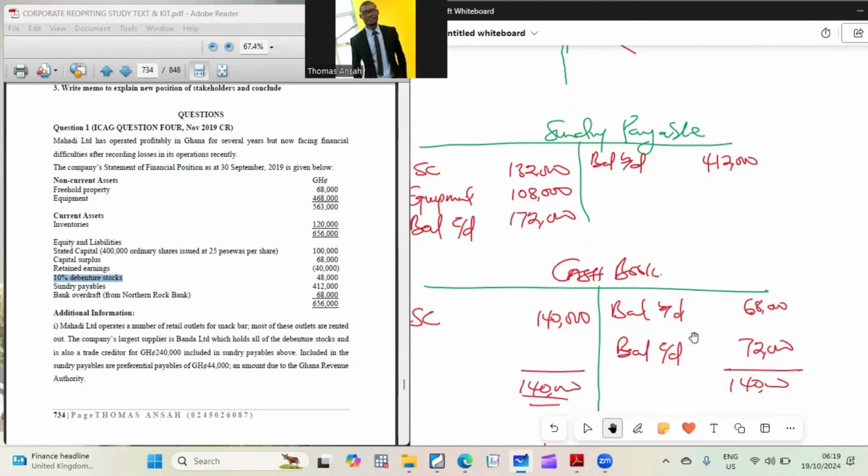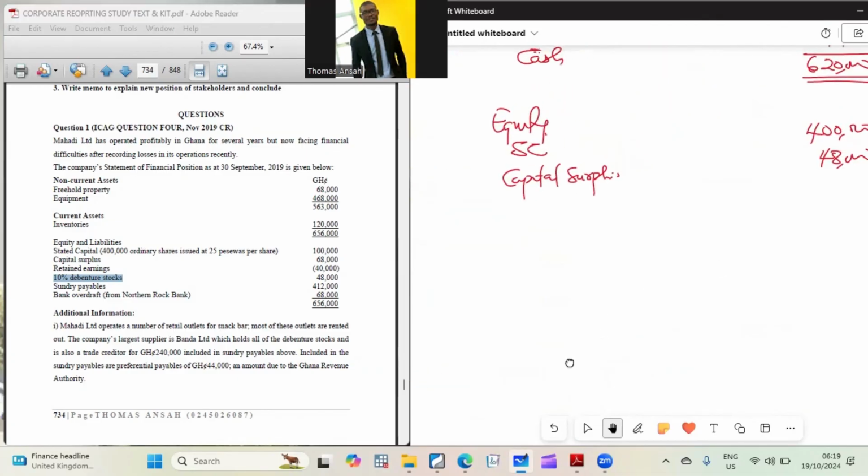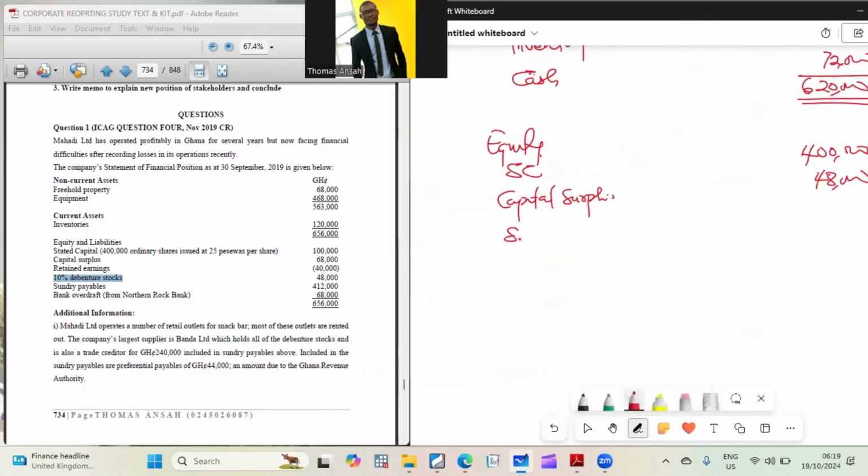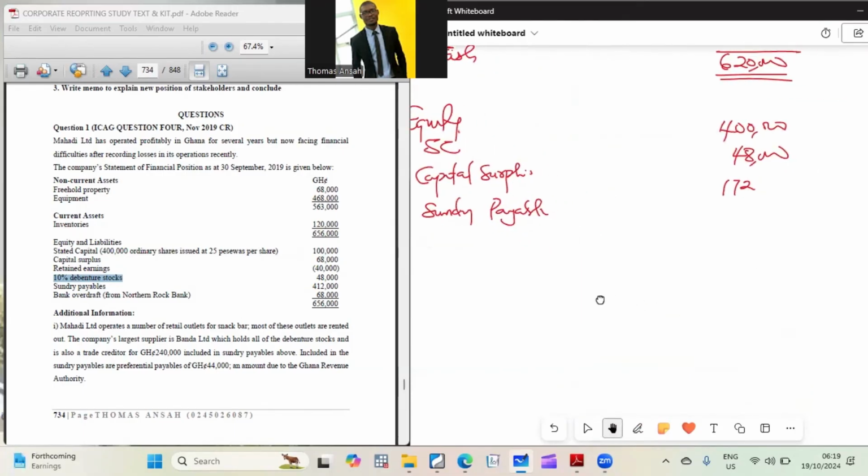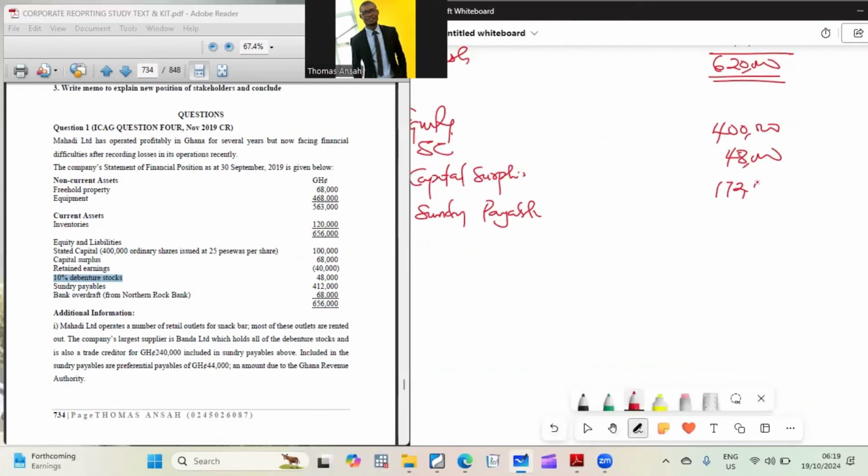So let's go and slot that 172,000. There will be no bank overdraft because it's reflected in our cash. So does it balance? Yes. Balanced. Right. So that's all.